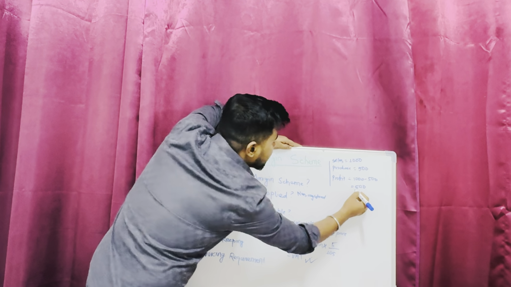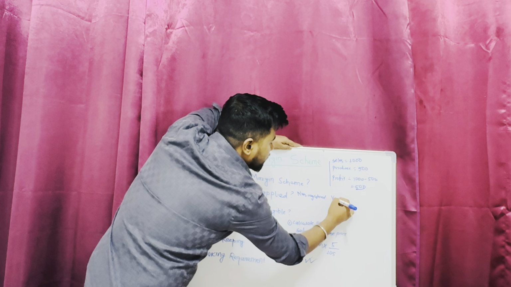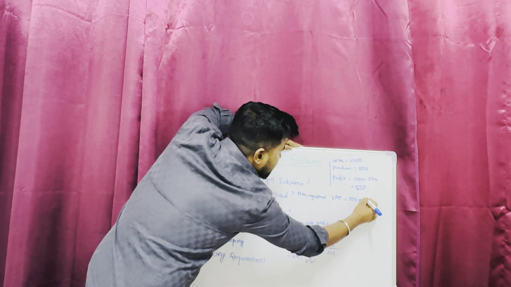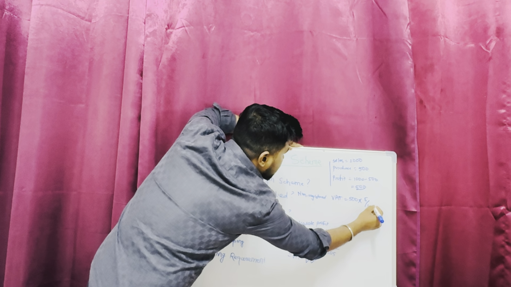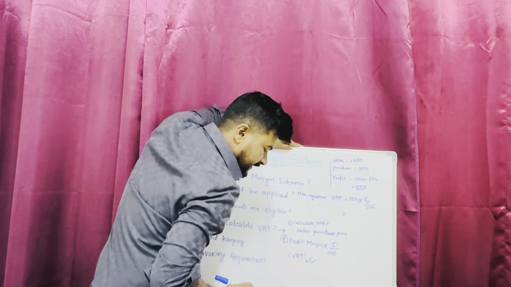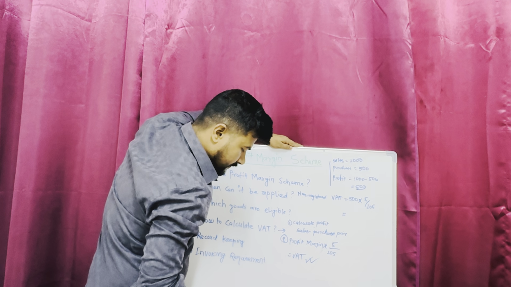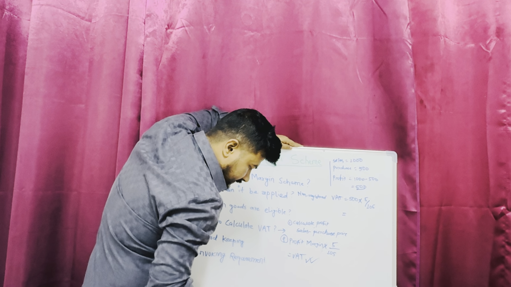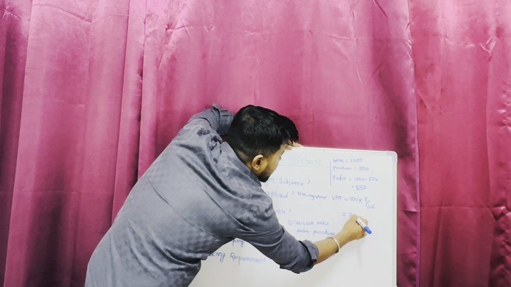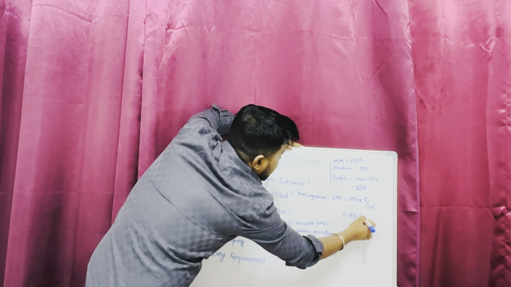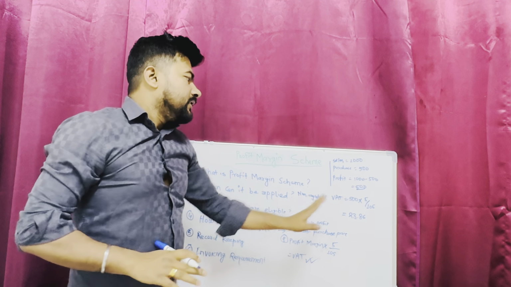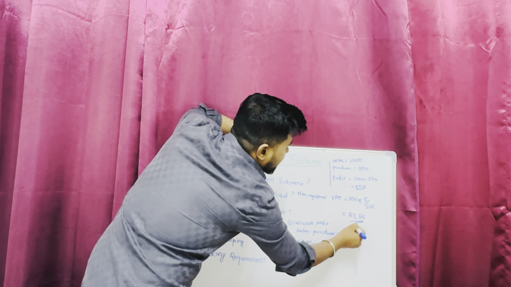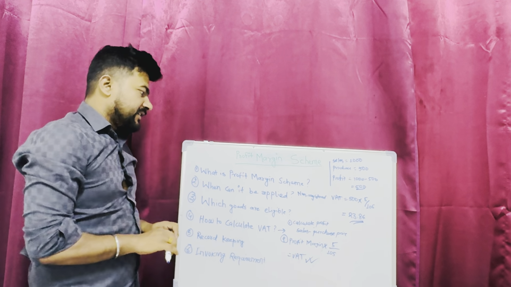So the VAT amount you will calculate like this: 500 into 5 divided by 105. Your amount will be something like 23.86, I think. You can calculate. I'm just giving the example. This amount is your VAT liability under the profit margin scheme.